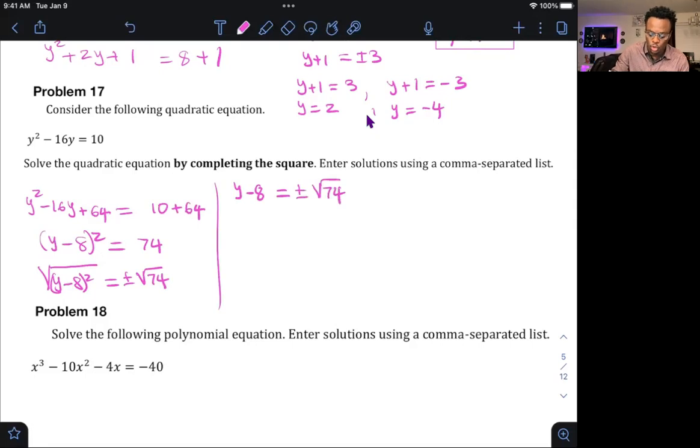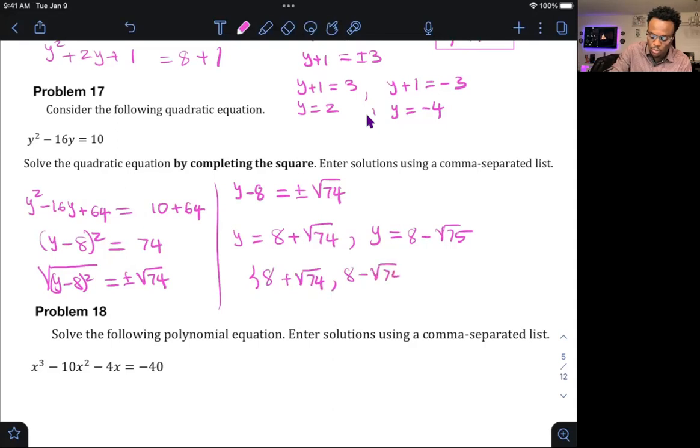And then your two solutions are y equals 8 plus square root of 74 and y equals 8 minus square root of 74. So your solution set is 8 plus square root of 74, 8 minus square root of 74.